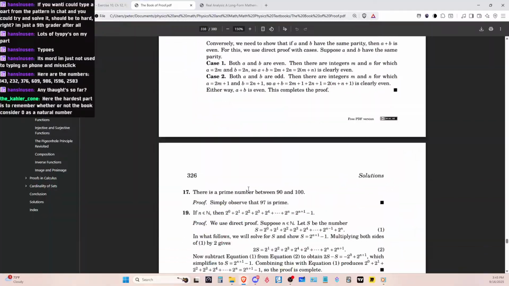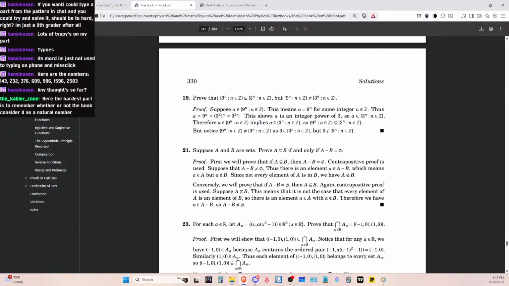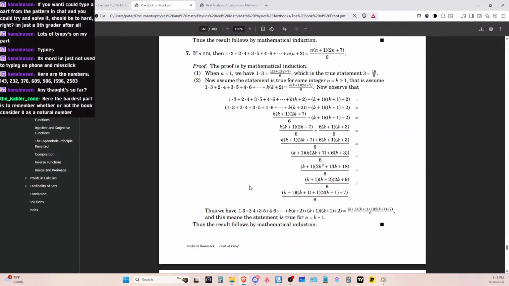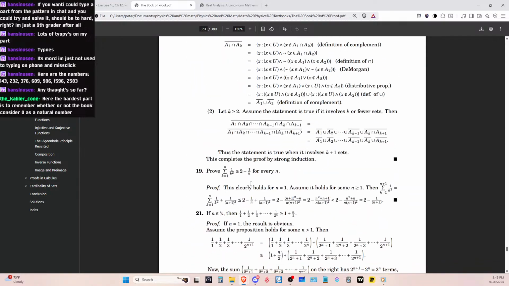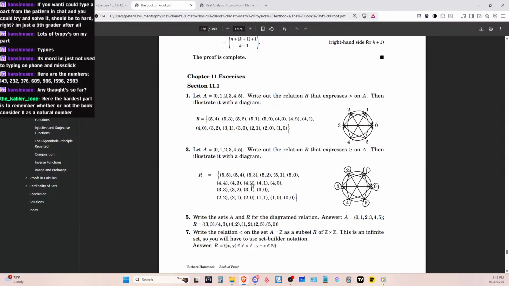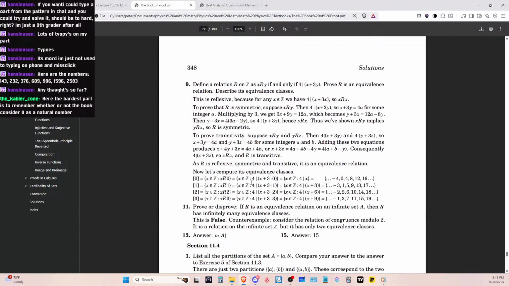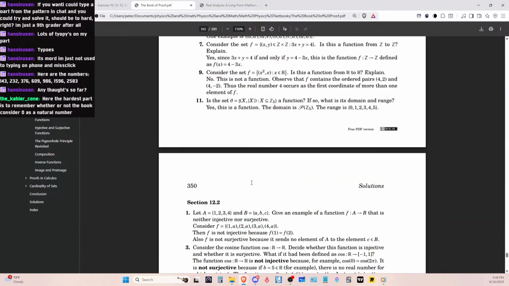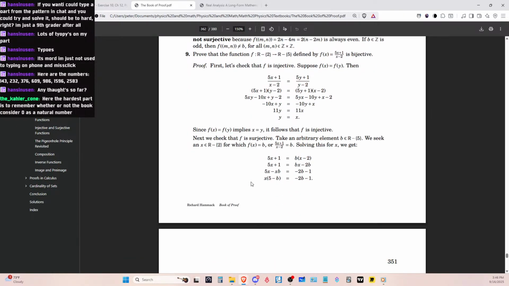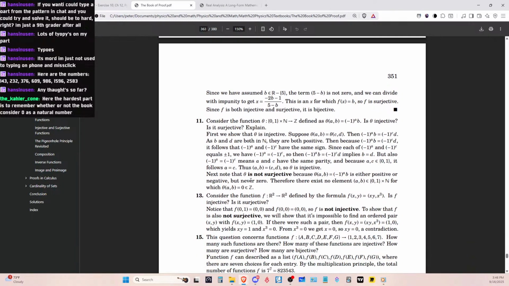So this is chapter 8. There's 12. Okay, so it is 11. Here we go.